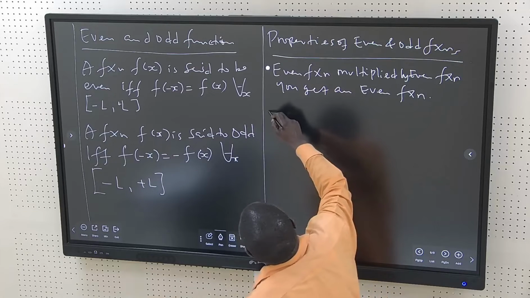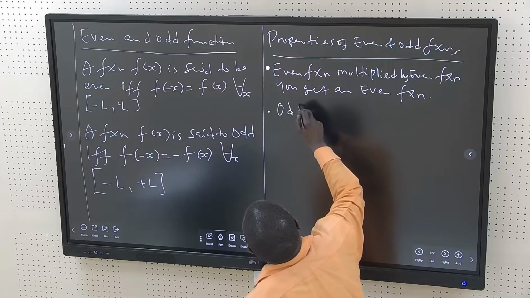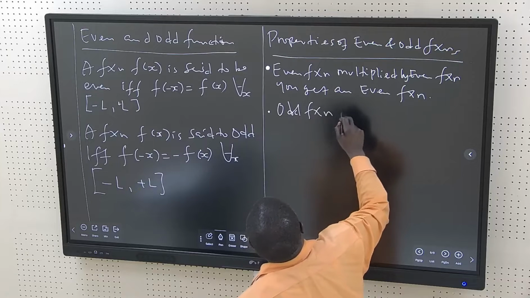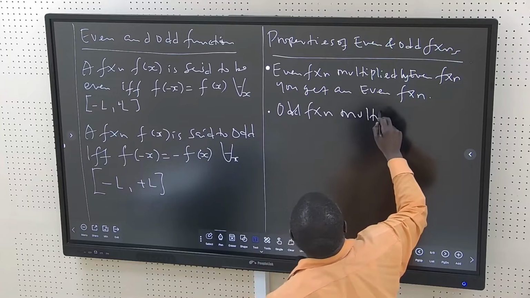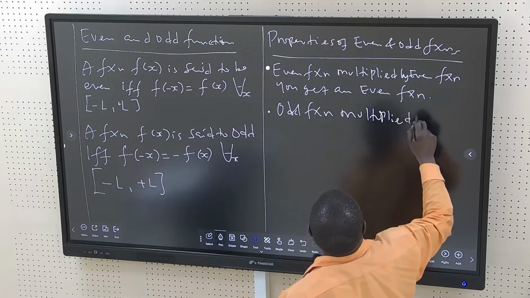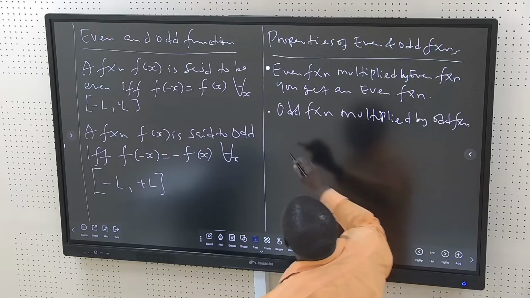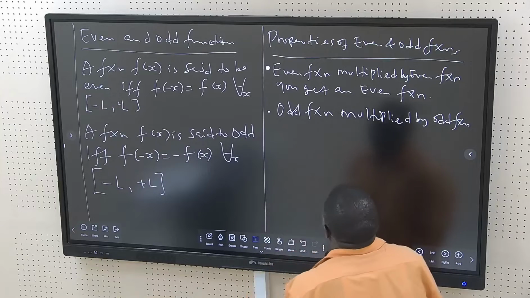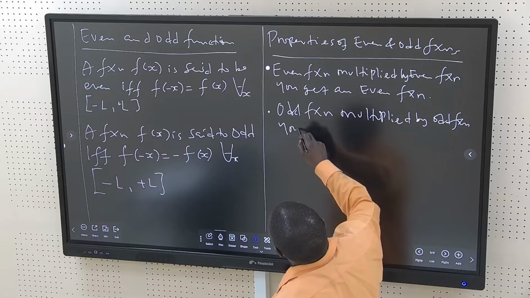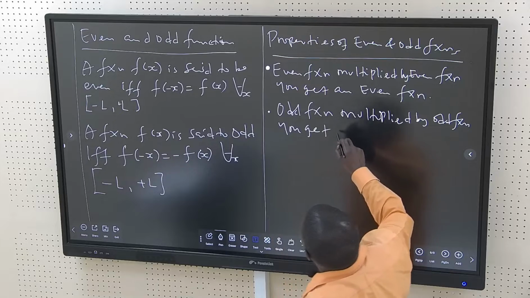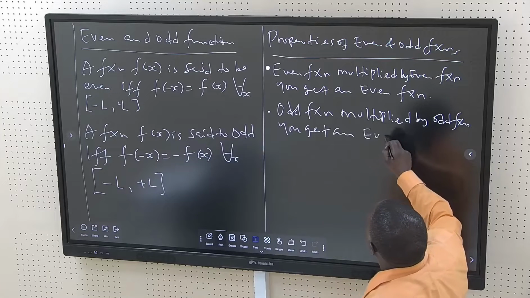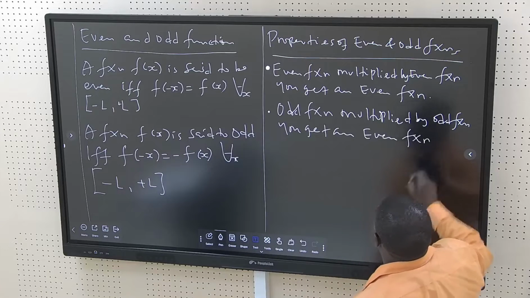When an odd function is multiplied by an odd function, you get an even function.